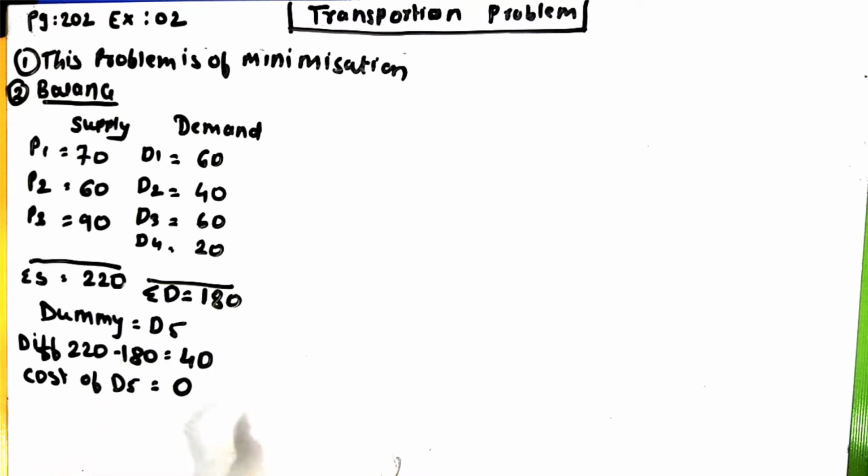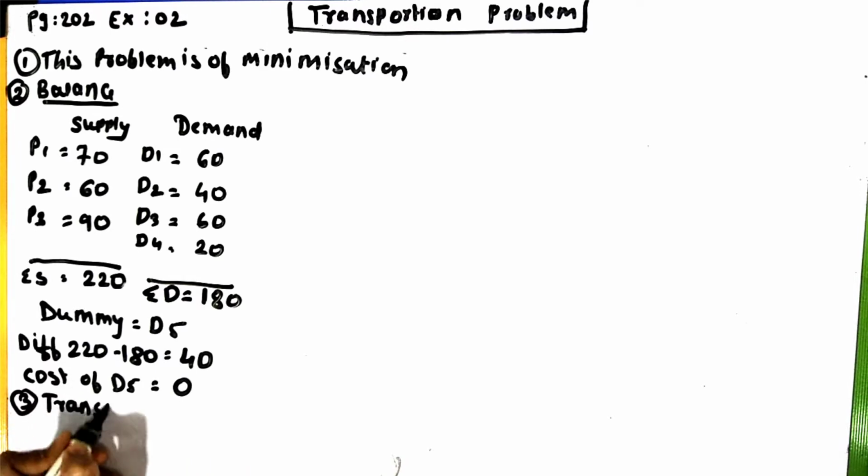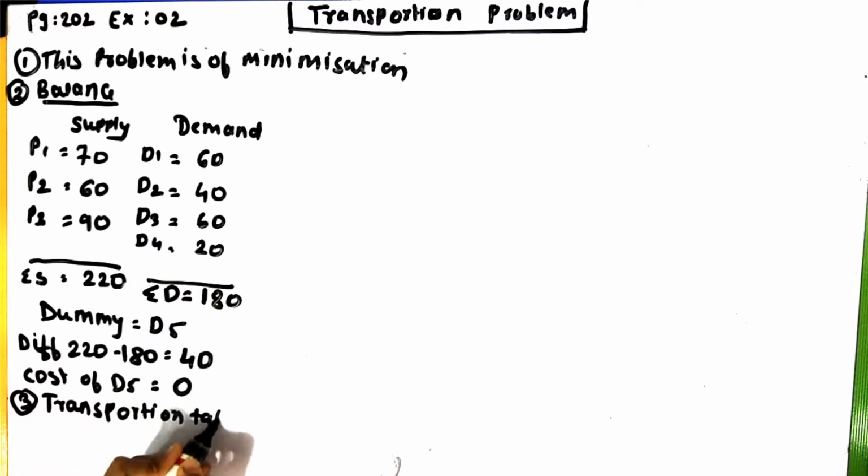Next, our third step is making the transportation table. So let me draw the table now.